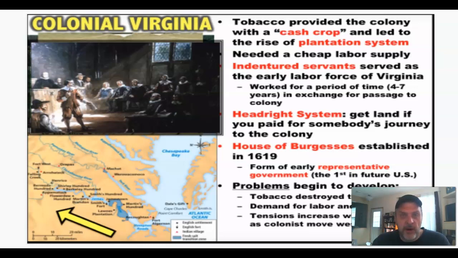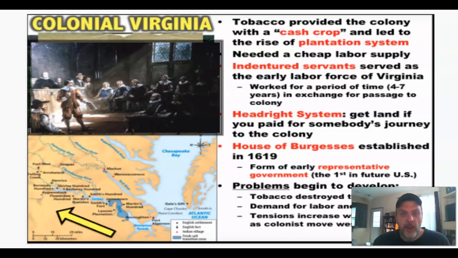And we see this system come about really once cotton starts to become the cash crop and the introduction of African-American slaves in the southern colonies. But over time, over the 17th century, the plantation system starts to take shape. And what that means is many of these colonies, especially the Chesapeake colonies, had a high demand for labor, and cheap labor. So what many of these farmers, especially wealthy elite farmers, started to do is they started to offer payments for people back in England.